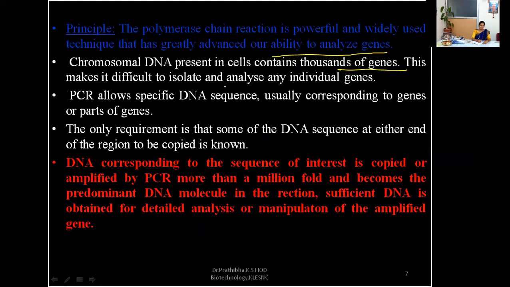This makes it difficult to isolate and analyze any individual gene, whereas PCR allows amplification of specific DNA sequences, usually corresponding to genes or parts of genes. The only requirement is that some of the DNA sequence at either end of the region to be copied is known. If we know the sequences at either end, then we can go for performing the PCR.